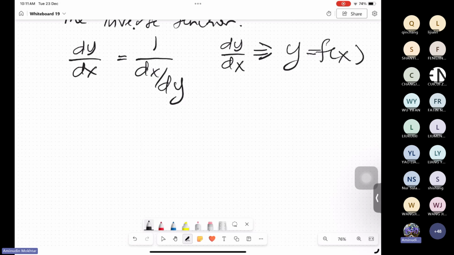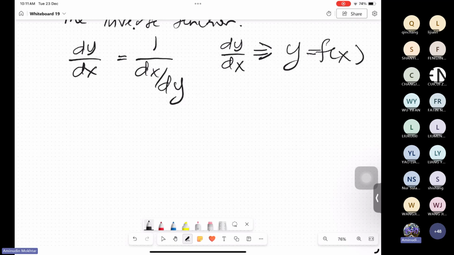Normally when we find dy/dx, our function is y in terms of x.